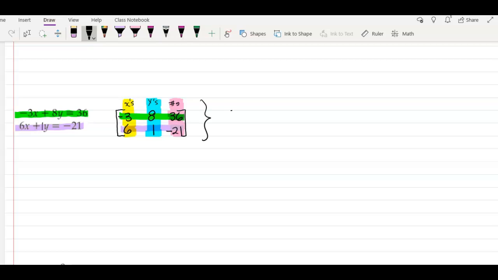So I'm just going to rewrite this without all of the highlighting. -3, 8, 36. 6, 1, -21. This is called a 2 by 3 matrix because it has 2 rows and 3 columns. And you always list the rows first if you're naming the dimensions of your matrix.